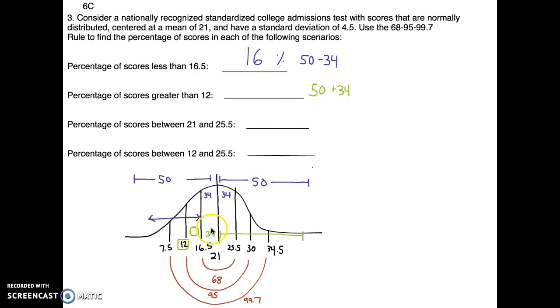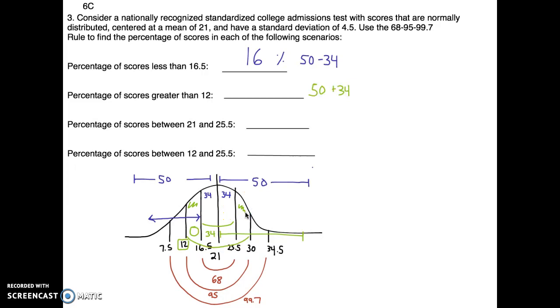And then to figure out that section, well, we know that from here to here is 95. And then from here to here is 68. So if we do 95 minus 68, we get 27. And then we've got to put half of the 27 here and half of it here.